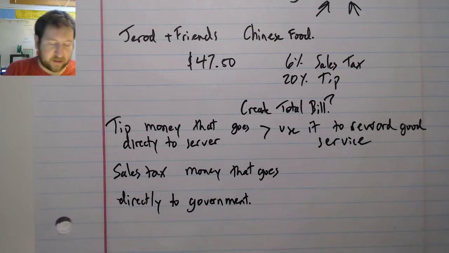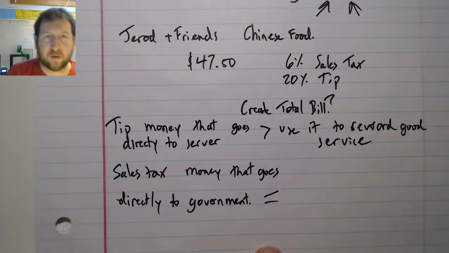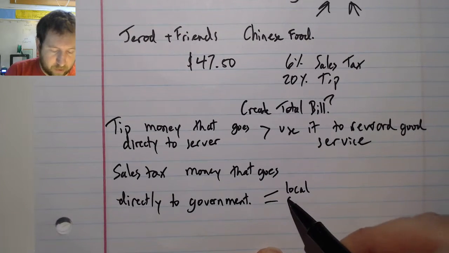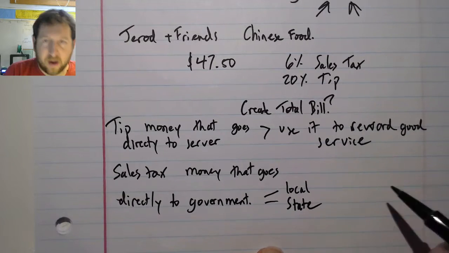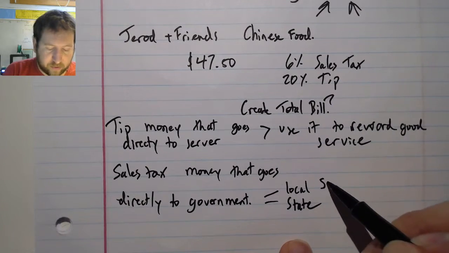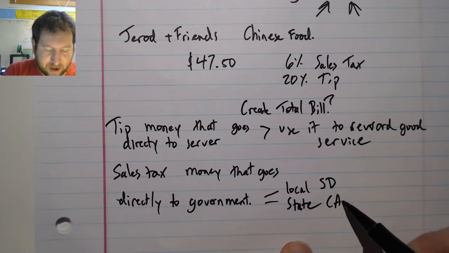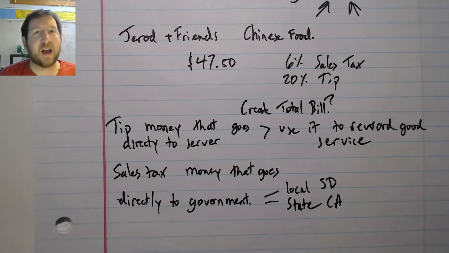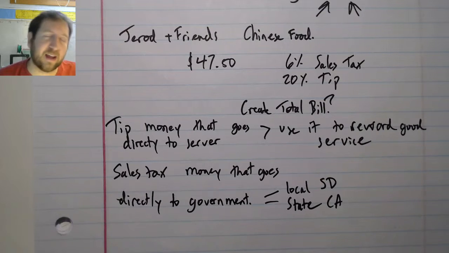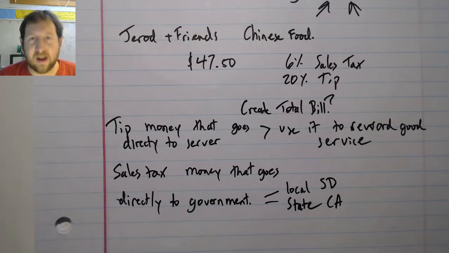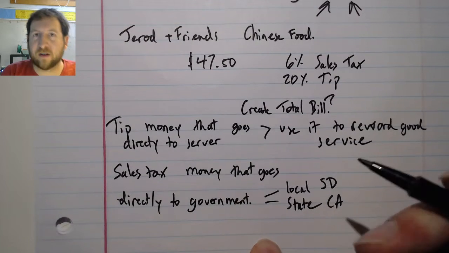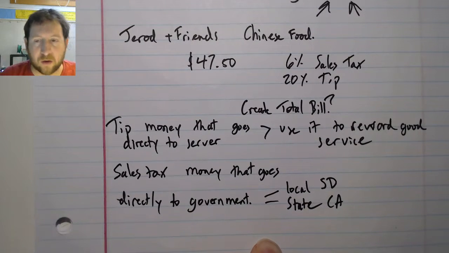In fact, sales tax typically goes to local and state. So in our case, it would go to San Diego and California. Washington, D.C., or the federal government, does not get any of the sales tax. They get their taxes through other means, typically income taxes. But this sales tax goes directly to our local government.